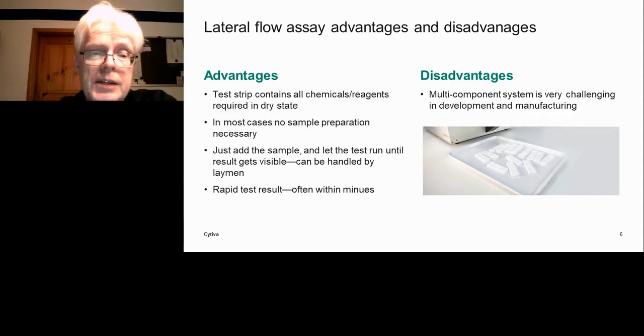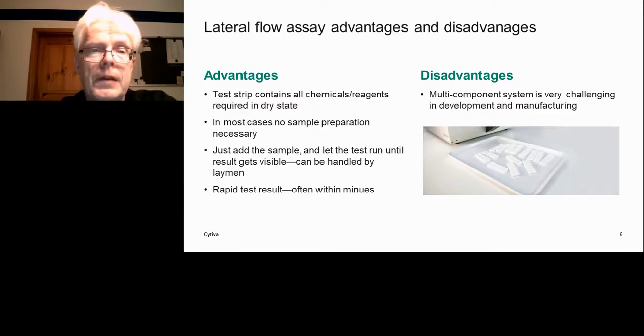The end user just adds the sample and lets the test run until the results become visible. And that means it can be handled by lay people. The test result appears rapidly. A typical test duration is between 5 and 15 minutes. The obvious disadvantage is that it's a multi-component system and it's very challenging in development and manufacturing.